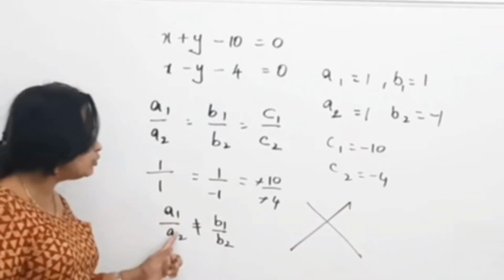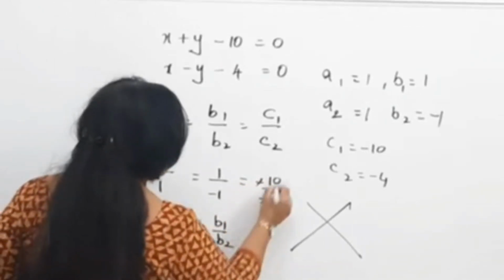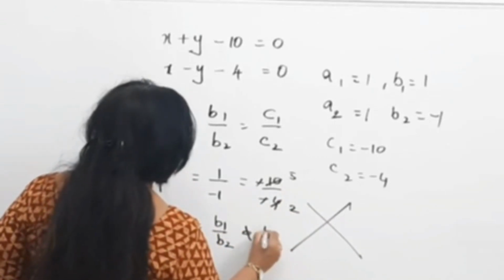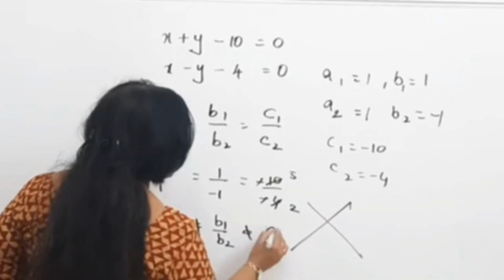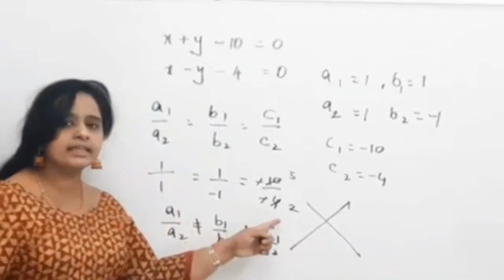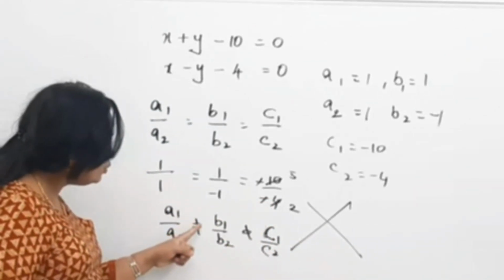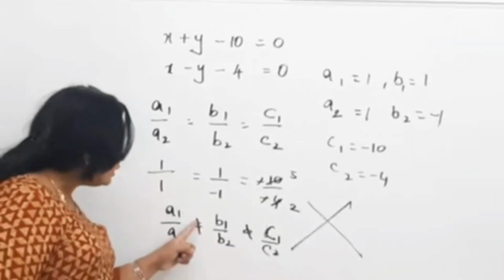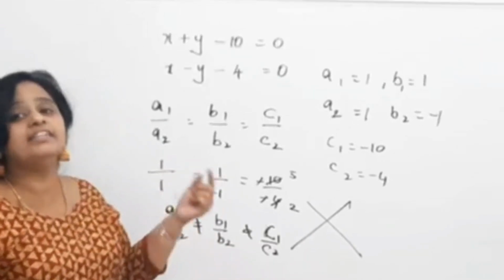When a1 by a2 is not equal to b1 by b2, and of course this is also not equal, we get 5 by 2 which is not equal to c1 by c2. So I would write that this is an intersecting pair of linear equations. You can understand that when the ratios are not equal, the symbol itself shows they are intersecting.